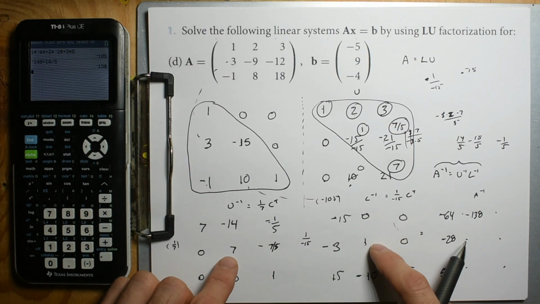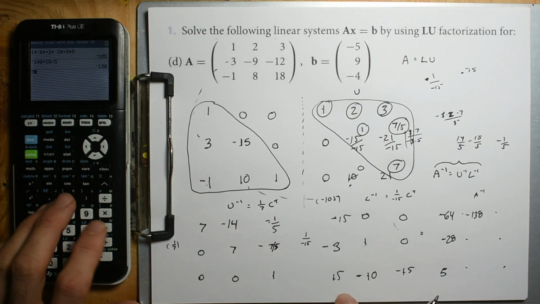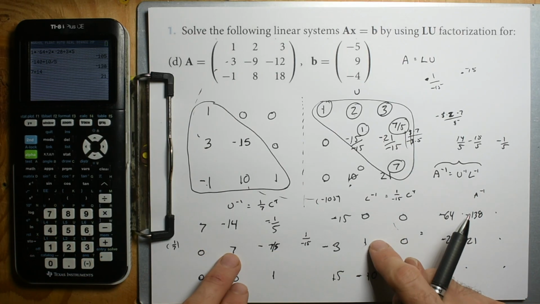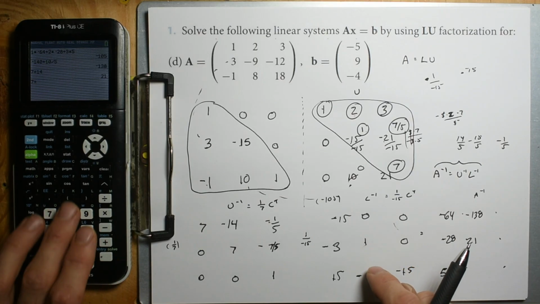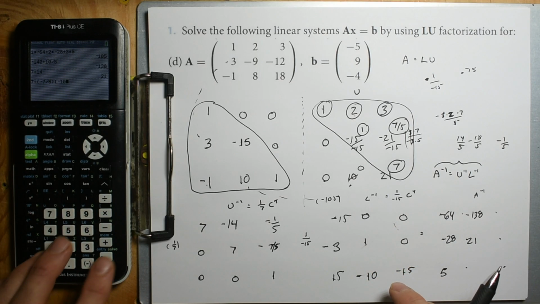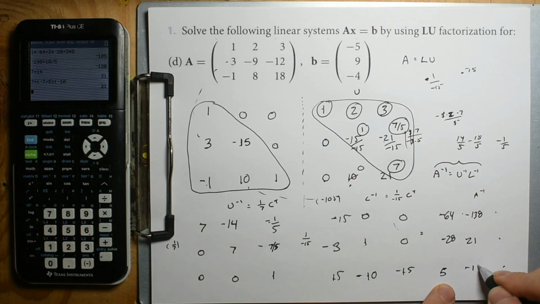Second row, this column. So we got 7, and this is going to be positive 14. 7 plus 14 is 21. I'm going to double check that because 7 plus negative 7/5 times negative 10. Yep, hell yep. Okay, and that value is just negative 10.